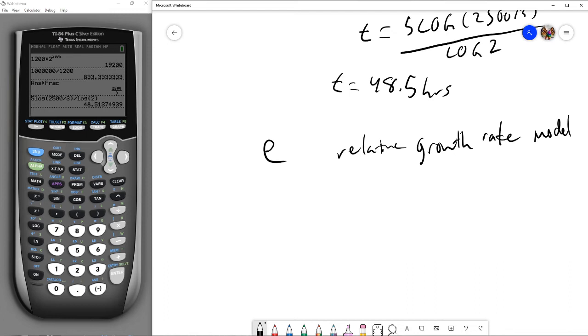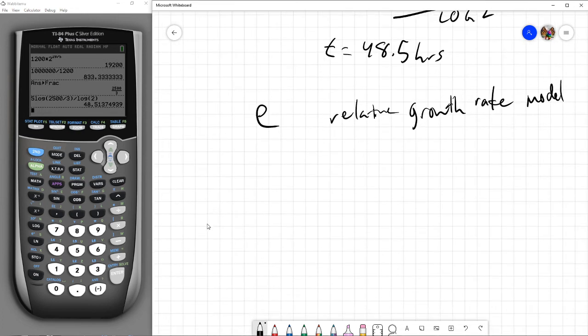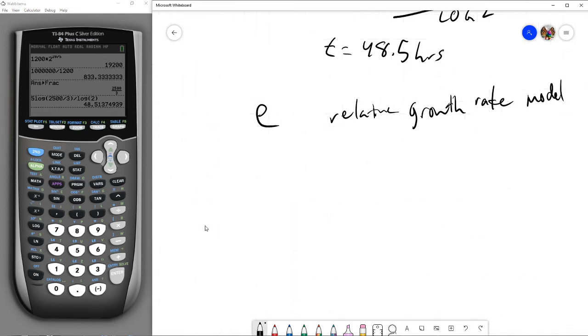So to determine the relative growth rate, we'll state the equation.